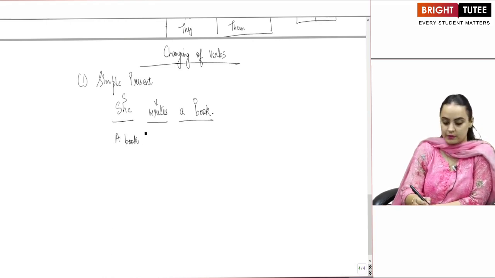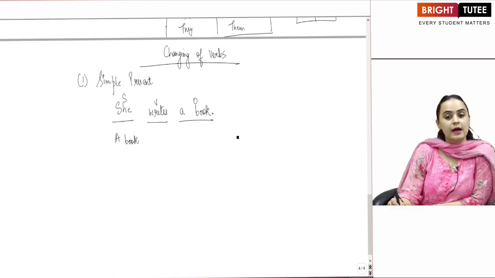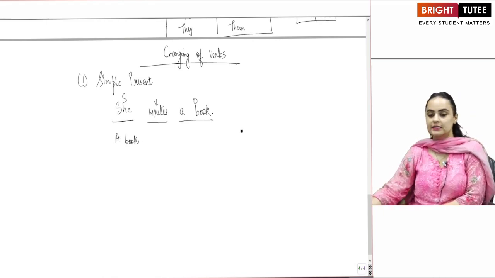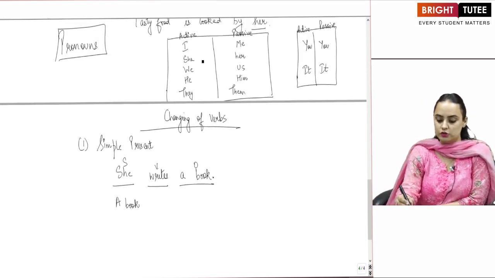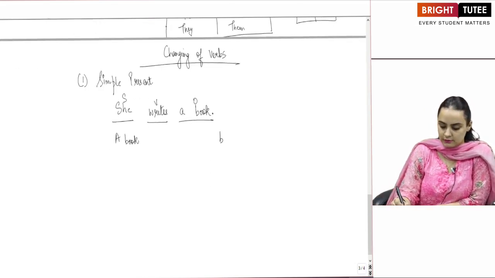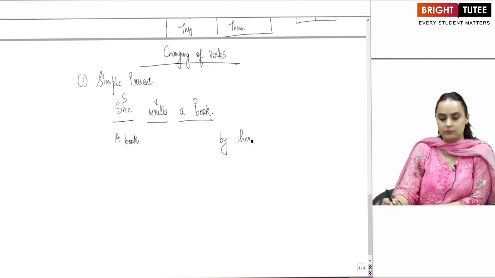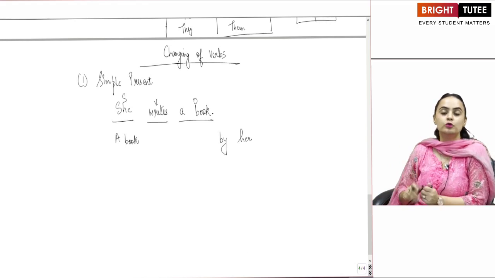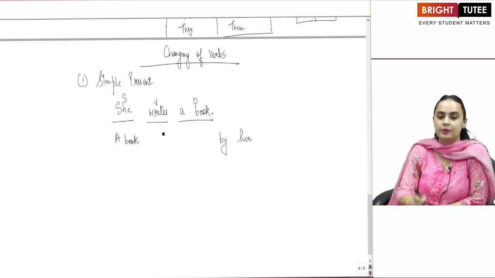So, a book. Subject becomes my object. My subject is she. We just did that table. What will she change into? She changes to her. So, it becomes by her. We always add by before the object. Now, how to change my verb?